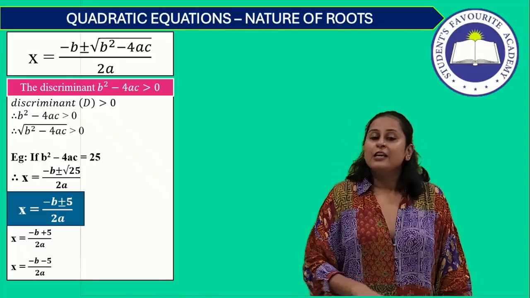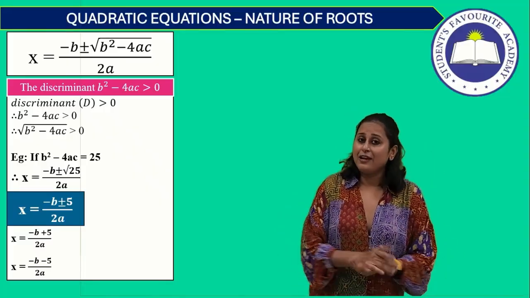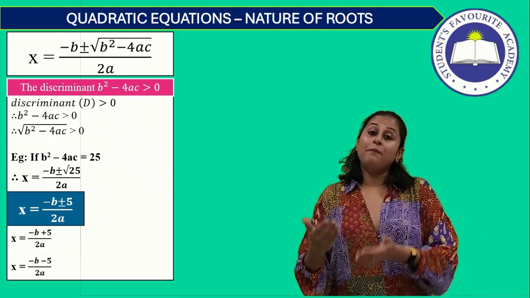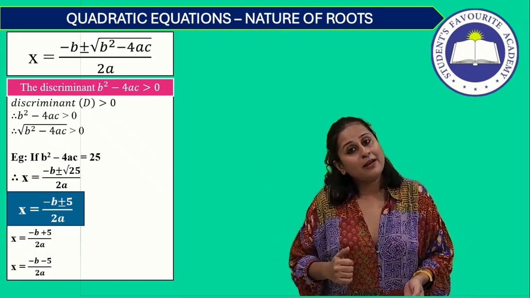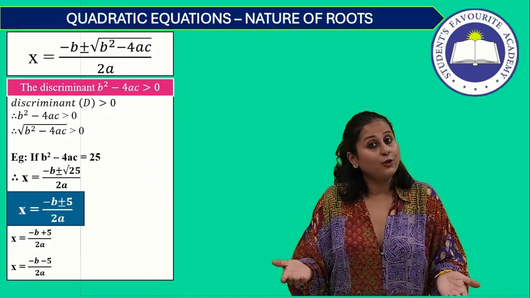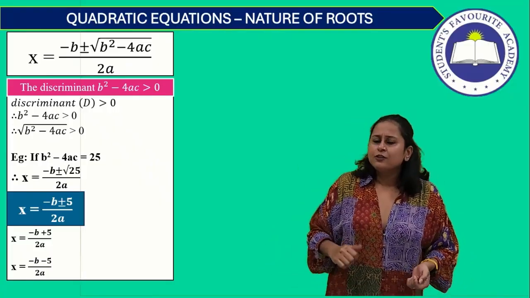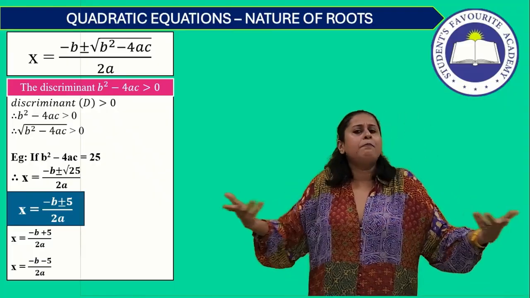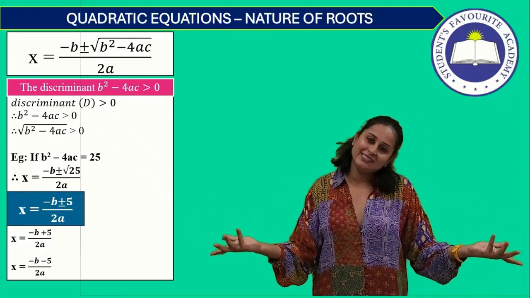It is 5. The first time when we try to find the root, we will add 5 to minus b, and in the second scenario, we will subtract 5. So they will give us two different values, because adding 5 and subtracting 5 give completely different numbers, isn't it?